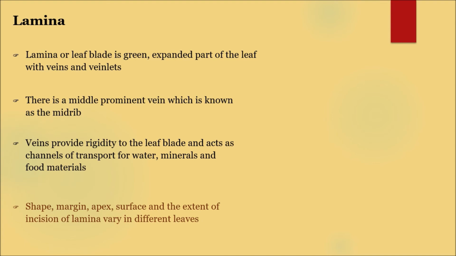Not only this, the veins give shape to the leaf, and it is also called the skeletal structure of the leaf. The shape, margin, apex, surface and the extent of the incision of lamina vary in different leaves. Not all the leaves will be the same. Depending upon the leaf and the plant type, the shapes, margins, apex, surface and extent of incision of lamina differ in different leaves.